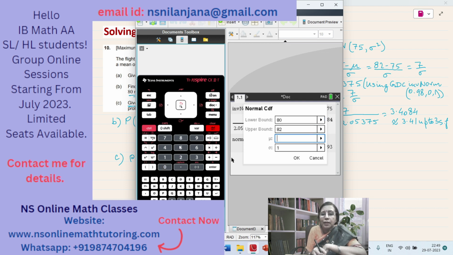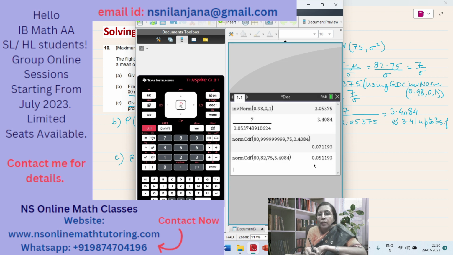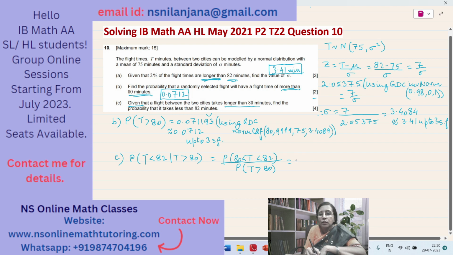The mean is 75, the standard deviation is the same as before, 3.4084. Okay, so it is 0.051193.